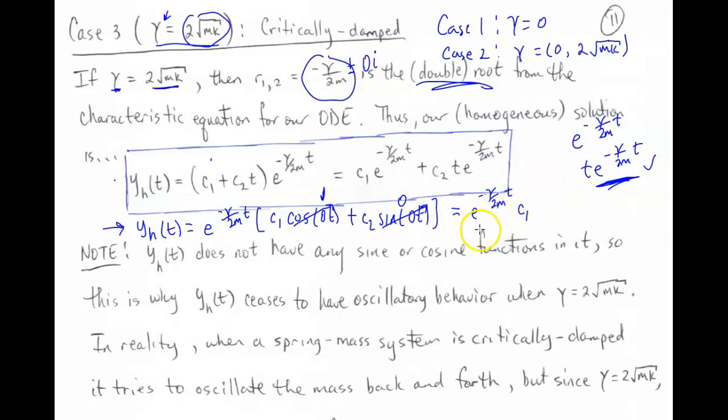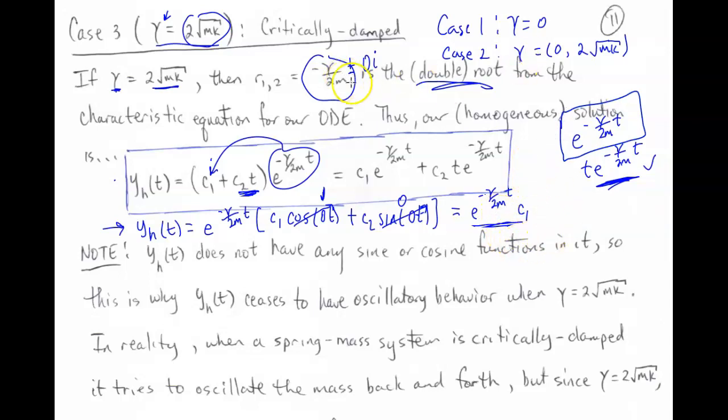Now, notice here that we just have this portion, and we still have a c2 t that needs to be accounted for. And I went ahead and wrote this here. Notice that this is a fundamental solution of our second order linear homogeneous equation.